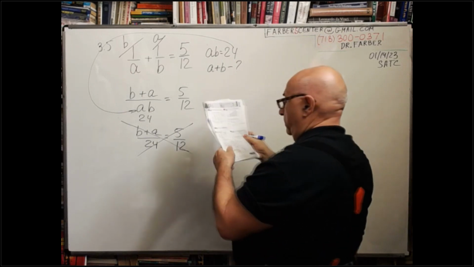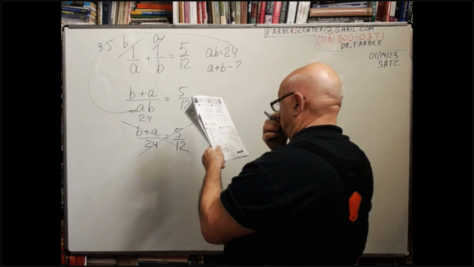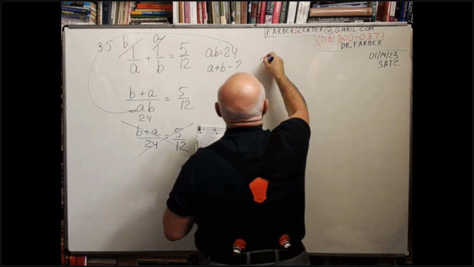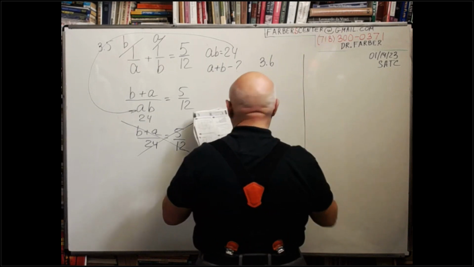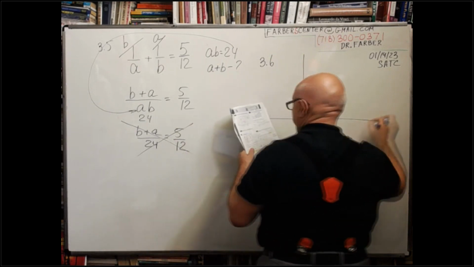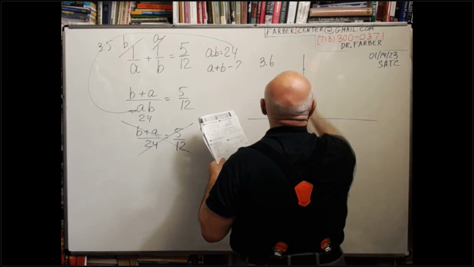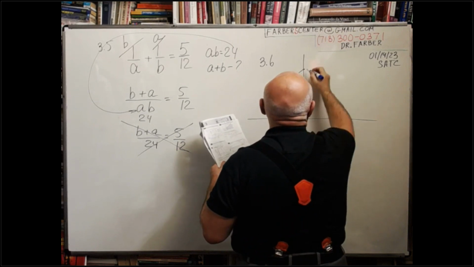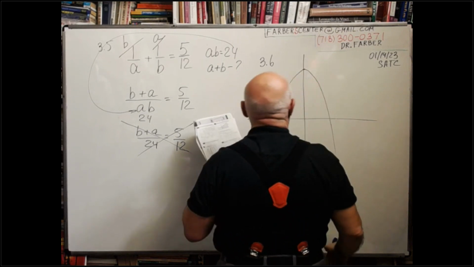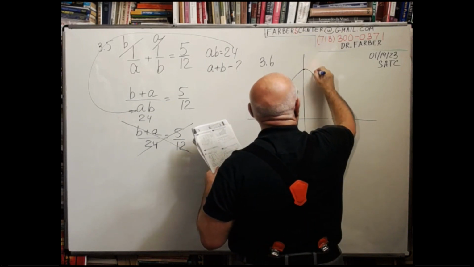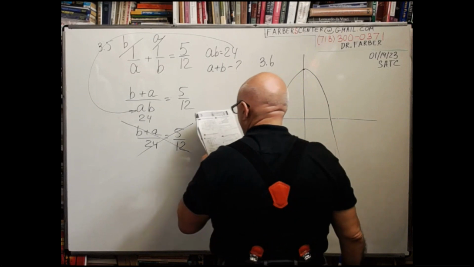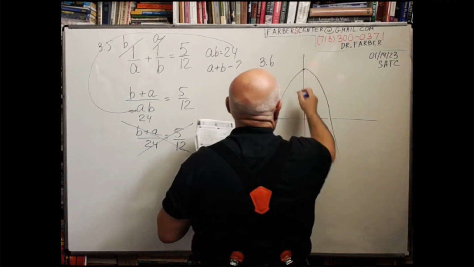In 3, 6, you're supposed to make a picture. And we have a parabola, which goes downward. Kind of like this, not symmetrical. Must be symmetrical, more symmetrical. And we have a rectangle.